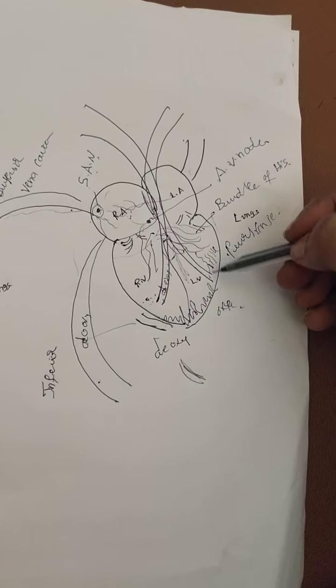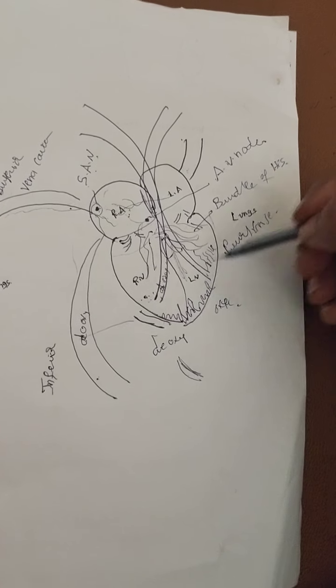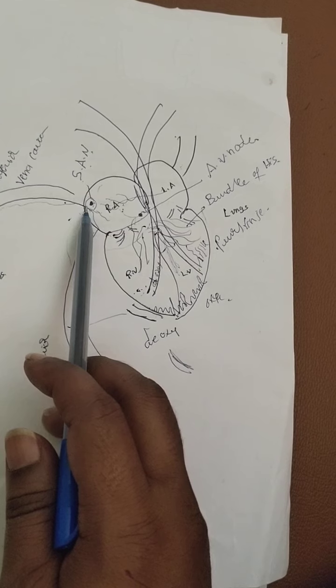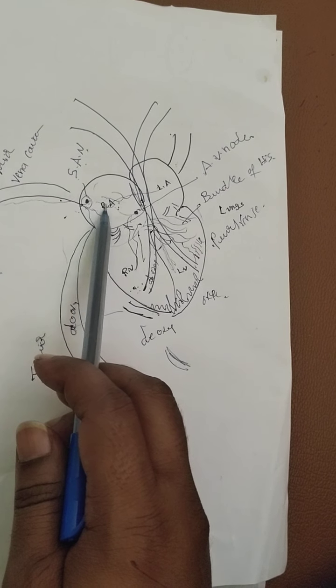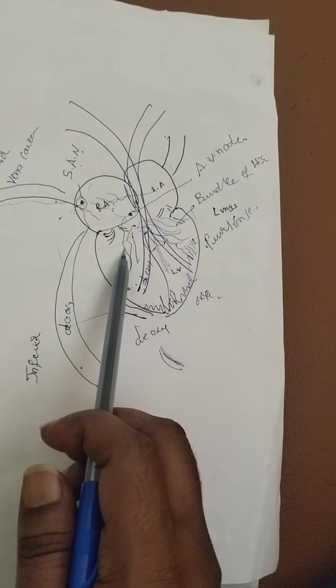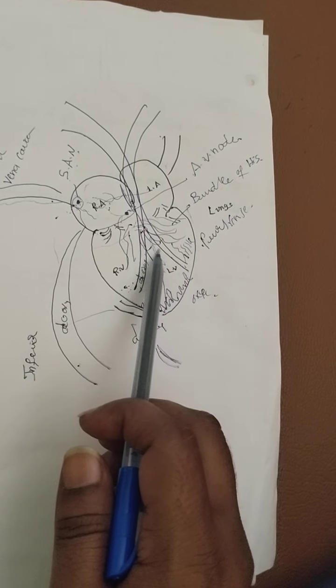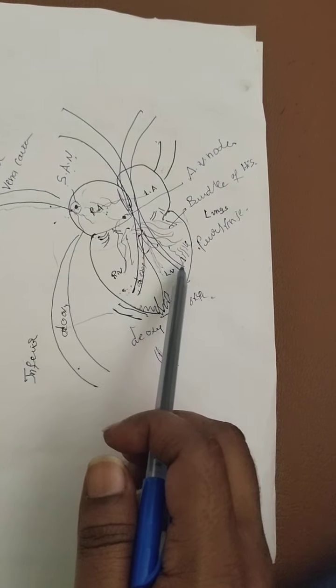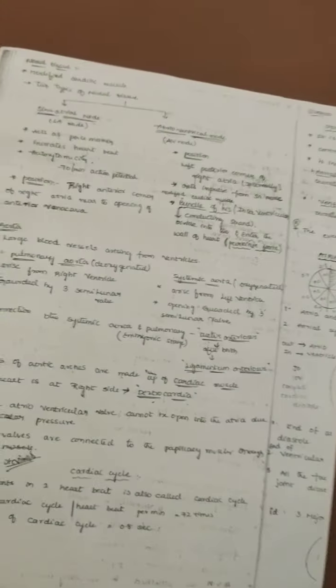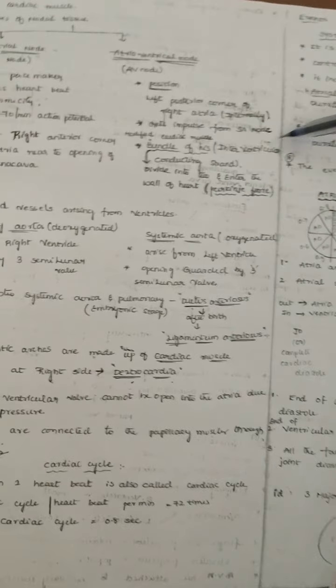These Purkinje fibers are connected with the papillary muscles. That's why the message is transferred from the sinoatrial node to the AV node, to the bundle of His, to the Purkinje fibers, to the papillary muscles. This is the structure regarding the heart.